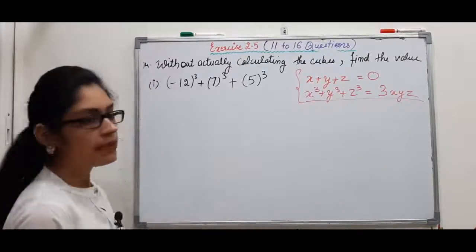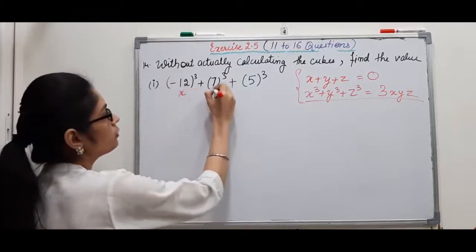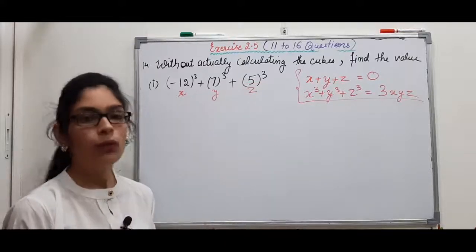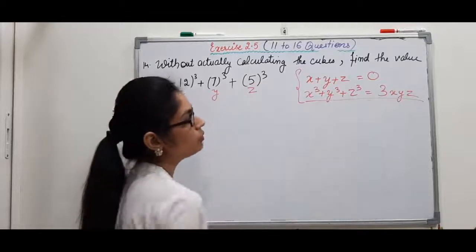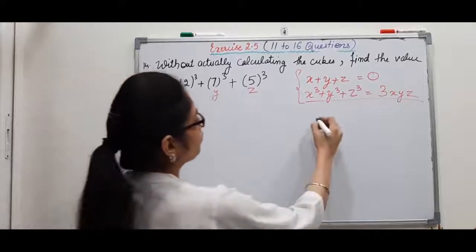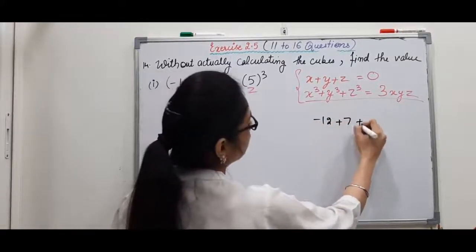So first of all we have to check. See, this is our x, this is y, and this is z. We have to check whether their sum is equal to 0 or not. If it is equal to 0, then directly we can use this expression. So let's see. We have minus 12 plus 7 plus 5.